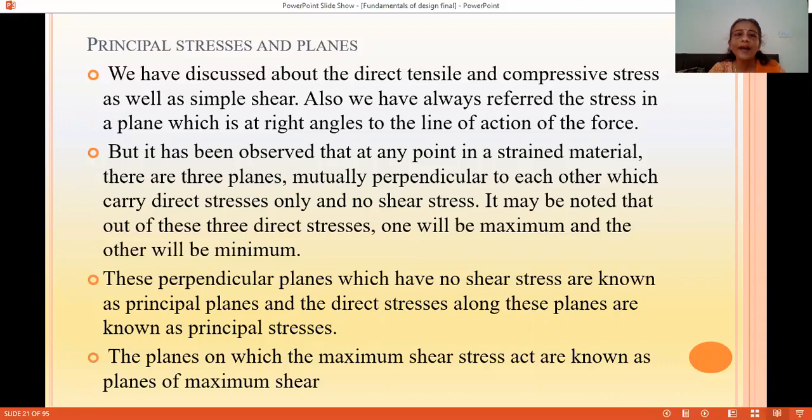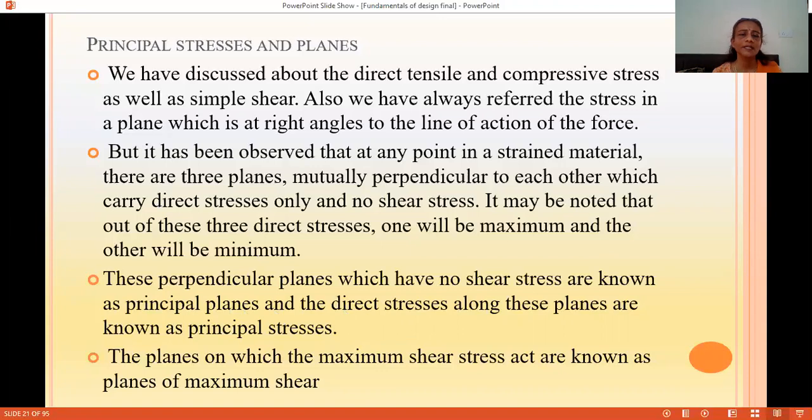So here there will be a plane on which only normal stresses are acting, no shear stresses are acting. That plane is known as the principal plane, and the stresses on the principal plane are known as principal stresses.